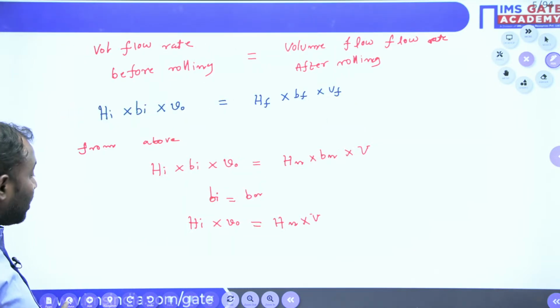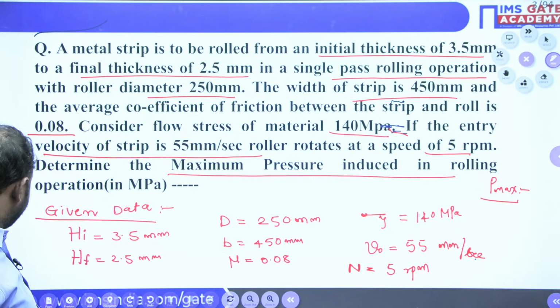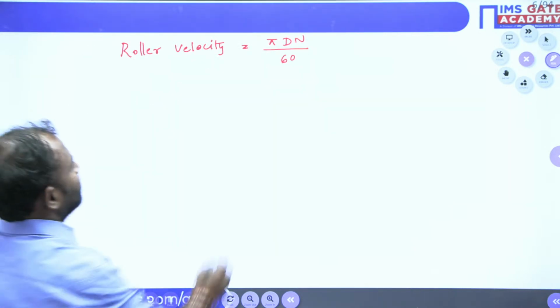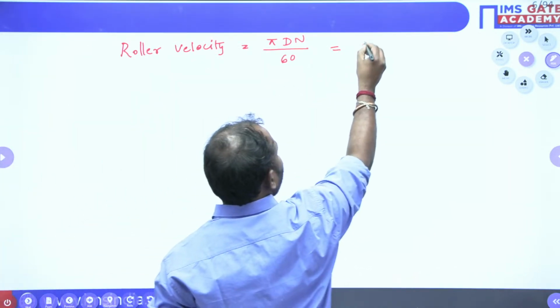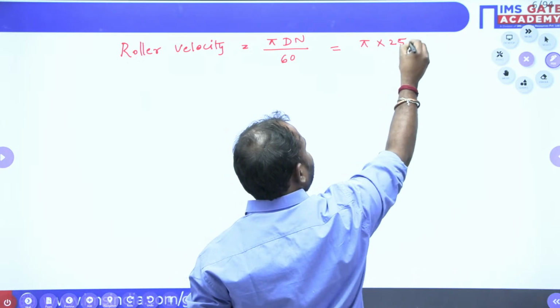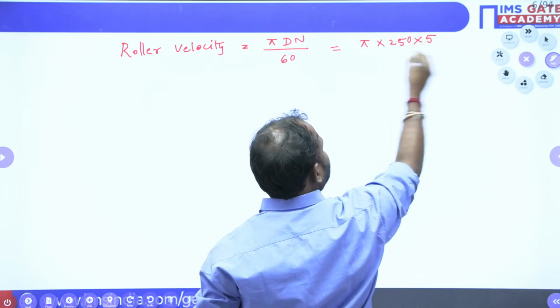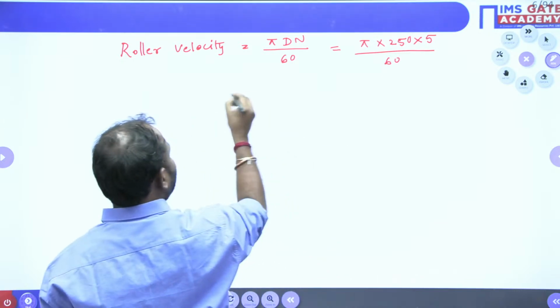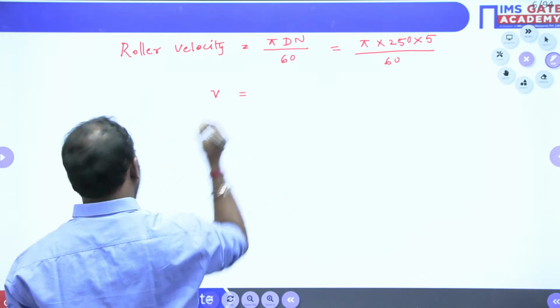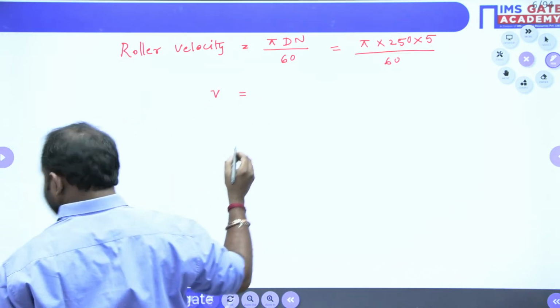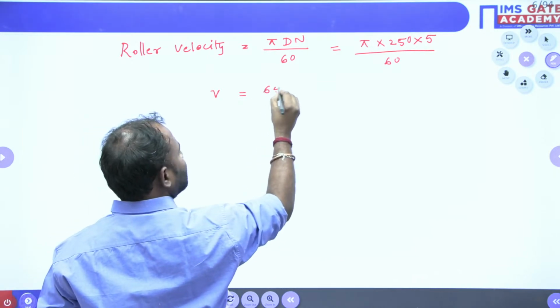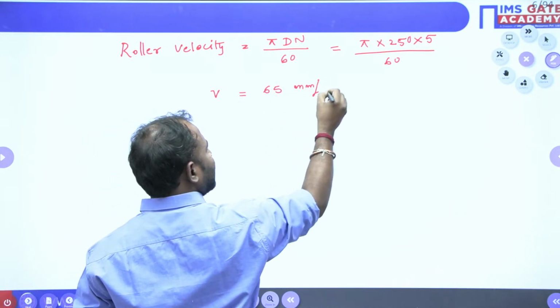So, what is the roller diameter? It is 250, right? Now, here I can write it is pi into 250 into 5 RPM divided by 60. So, I will get my roller velocity V is equal to 65 mm per second. Okay.